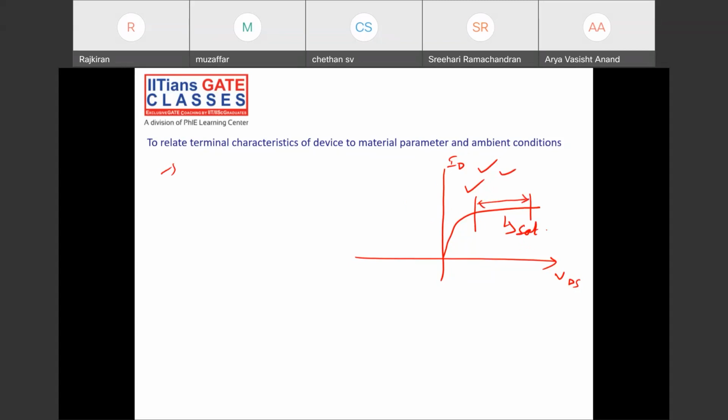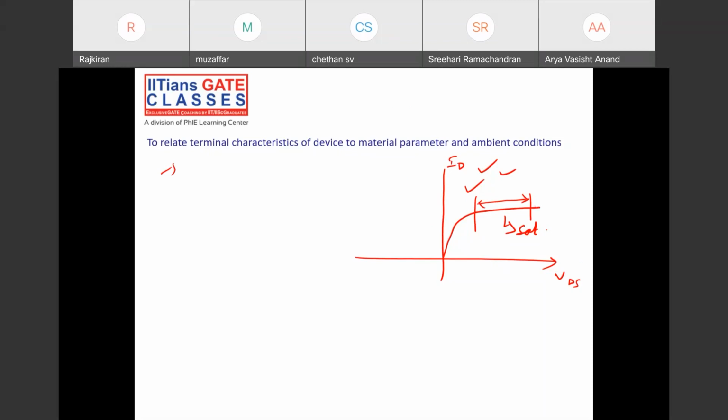So first people wanted to amplify the signal. In communication, the signal you receive is very low, so first people wanted to amplify it. Then they came to this ID-VD characteristic and understood that if my characteristic is like this, it will act as an amplifier.